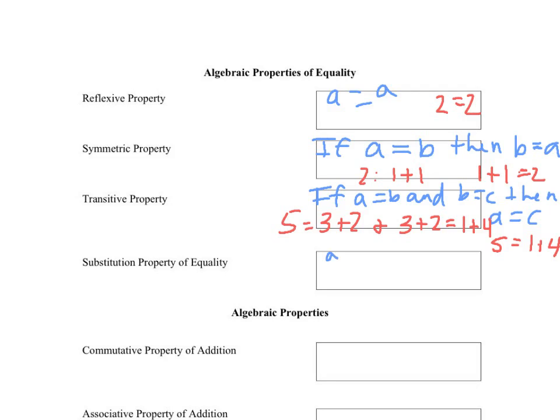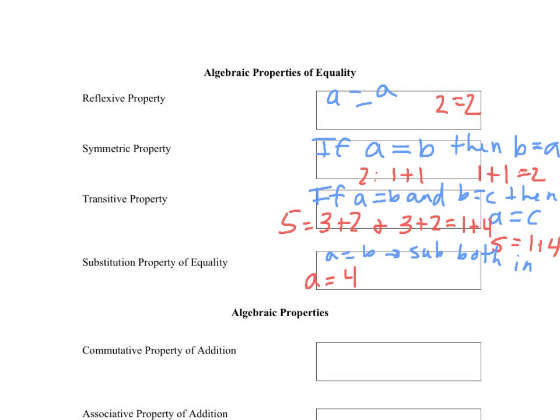Okay? And then substitution tells you if you have A equal to B, then in any statement after that, you can plug in A for B, or you could plug in B for A. So you can sub in both. Substitute. So, let's say I want to say A equals 4.